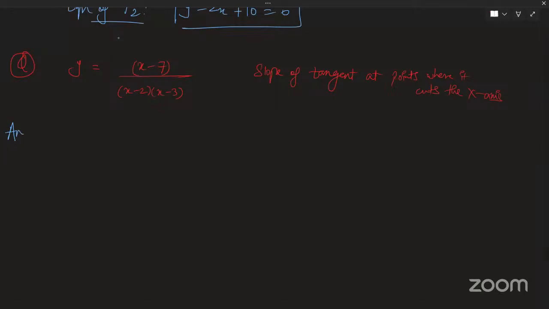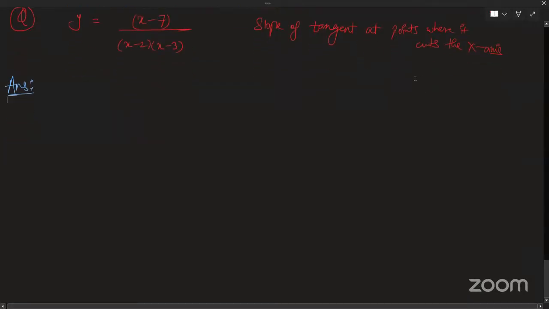Can you tell me how I can find the points at which a function is cutting the x-axis? Cutting the x-axis would mean that the value of y is 0, right? The value of y is 0 means it cuts the x-axis.